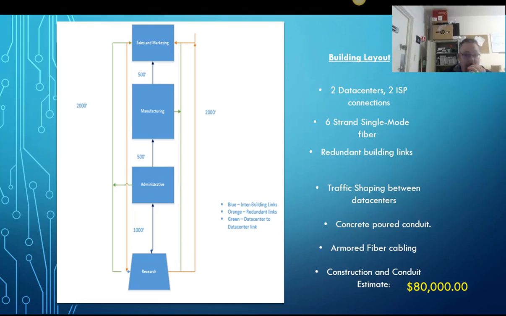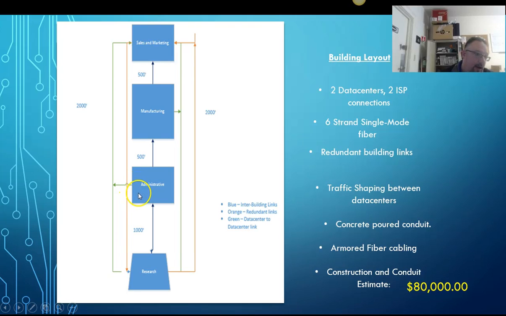Now that I have these links set up, I could also use them for traffic shaping. If I have a certain amount of bandwidth that always passes through this link and it uses up most of the bandwidth of this link between manufacturing and sales, there's a lot of data going through this link. They keep talking to each other, right?